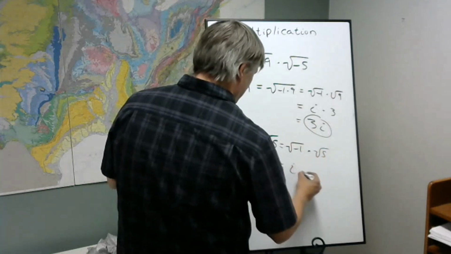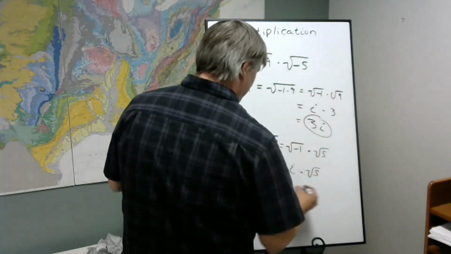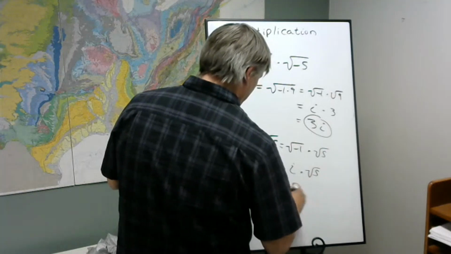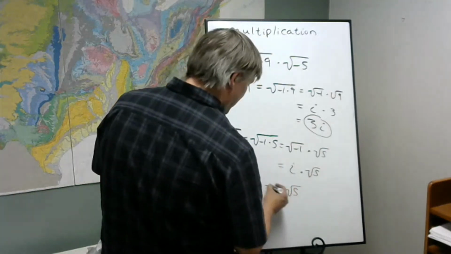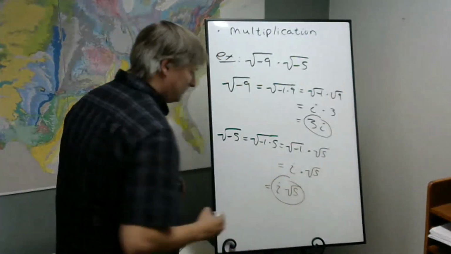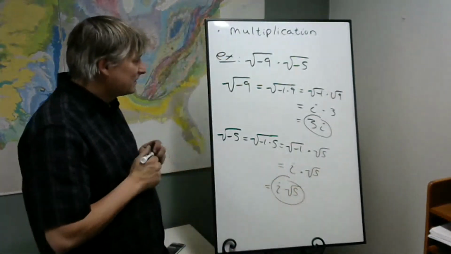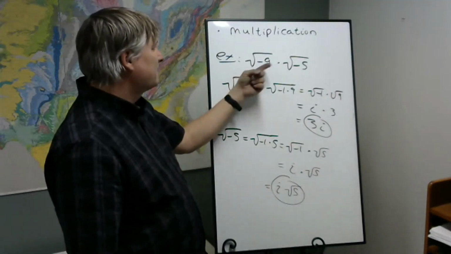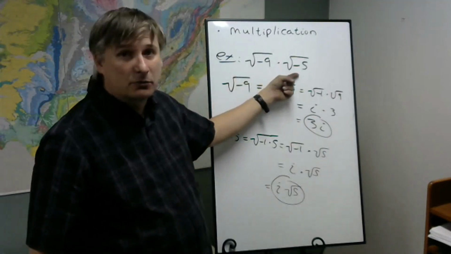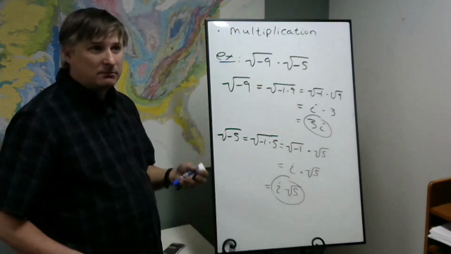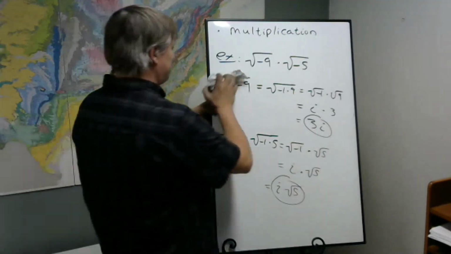Or i times square root of 5, or square root of 5 with an i in front, because we always put the root in back. So we have this. So it turns out this is 3i, and this is i root 5. So now that we know that, let's do these computations.